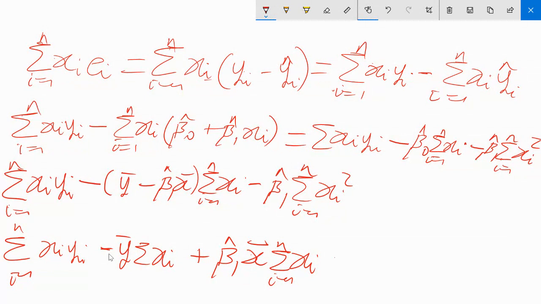And then we have the last term, which is minus beta 1 hat summation of xi squared, i ranging from 1 to n. Is that one also clear?